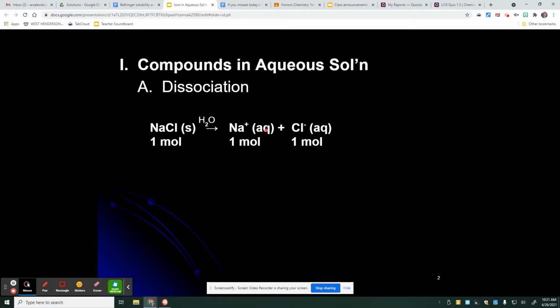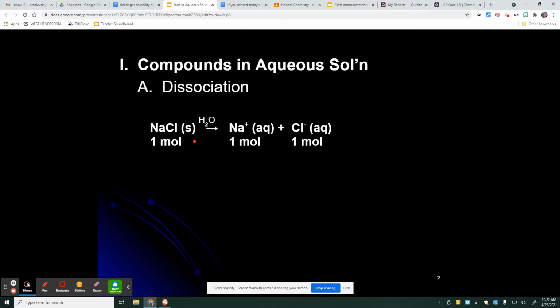Now, this AQ here beside each of those means that it's floating around in water. It is an aqueous solution as opposed to a solid. And we just put water here above the arrow and not as a reactant because they're not forming something new. Water's just getting in between these ions, so water's the cause of the ionization.